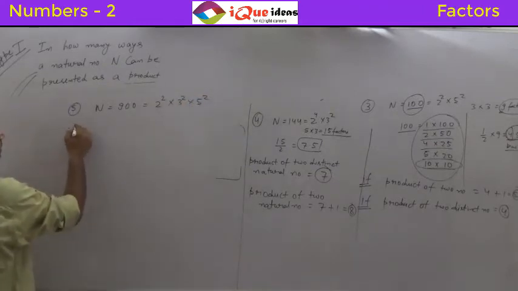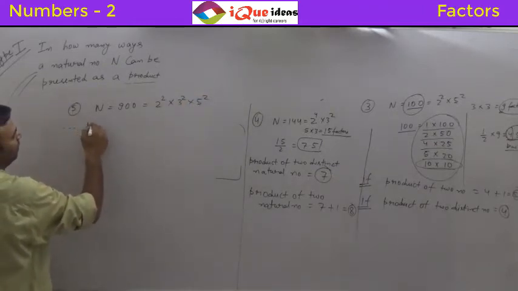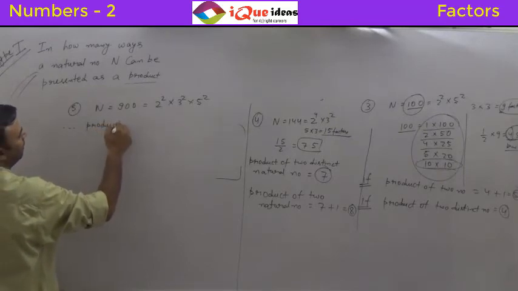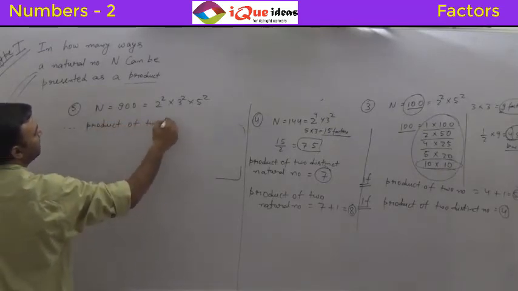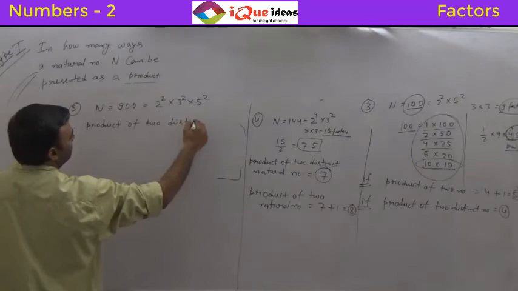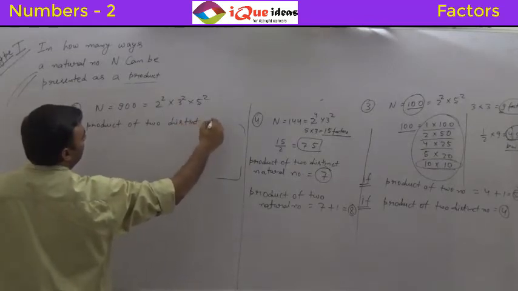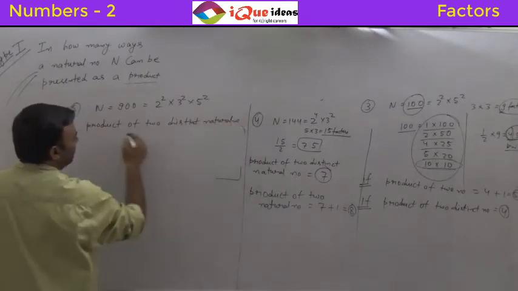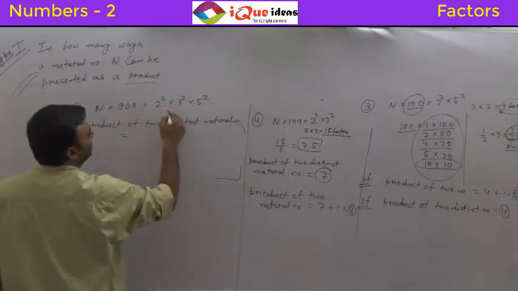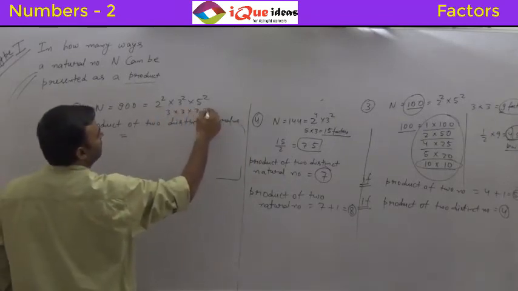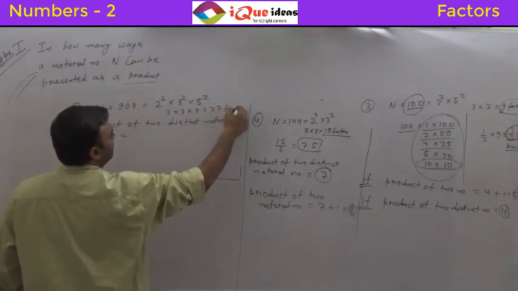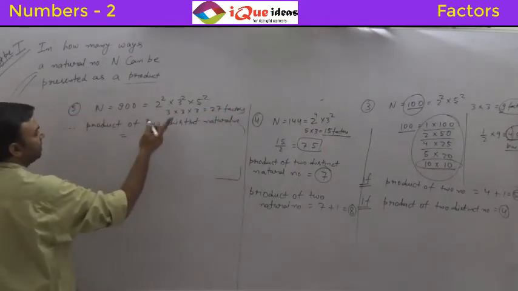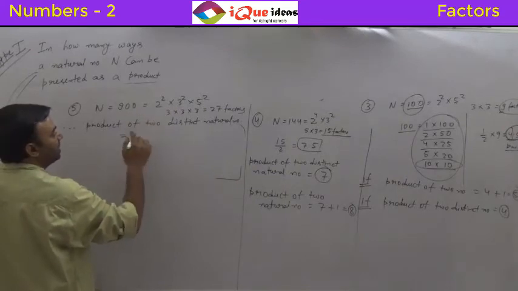For the number of pairs for the product of two distinct natural numbers, the number of factors will be 3 into 3 into 3, that is 27 factors. So the number of pairs will be 27 and a half, that is 13.5.